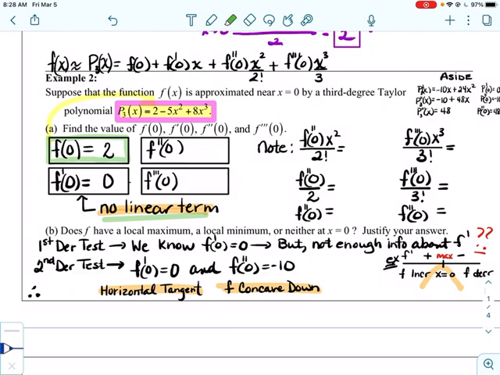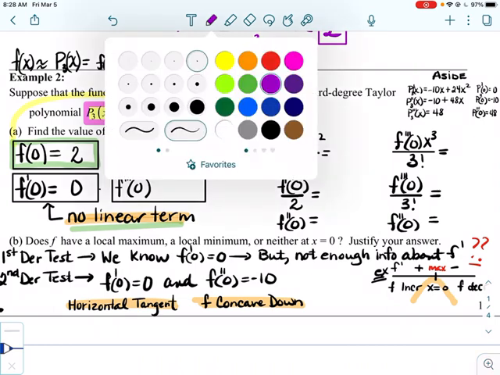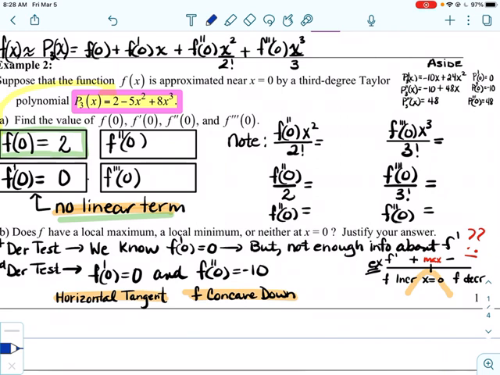Okay. So I'm going to skip up then. I'm going to say f double prime. Well, f double prime of 0 is not known yet, but I know the whole term is f double prime of 0 x squared over 2 factorial. So I know that has to equal that x squared term, negative 5x squared, right?